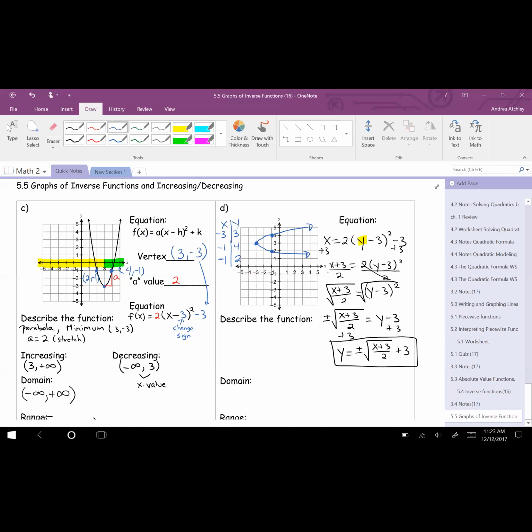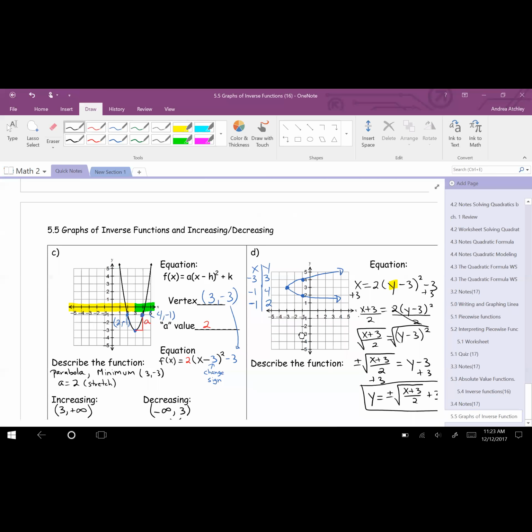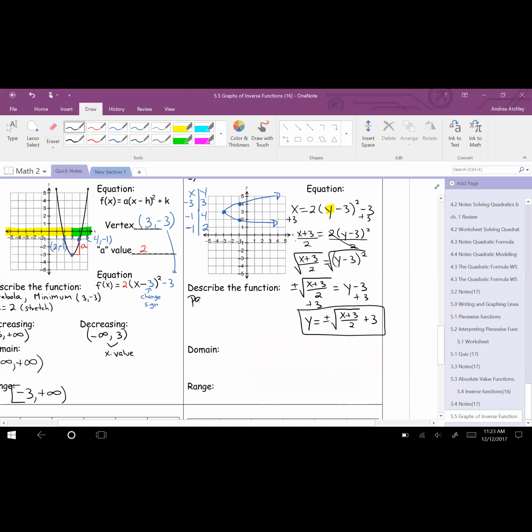Okay, what's the shape here? Okay, this is a parabola. Is this a function? Not a function. It has a vertex at negative 3 and 3.